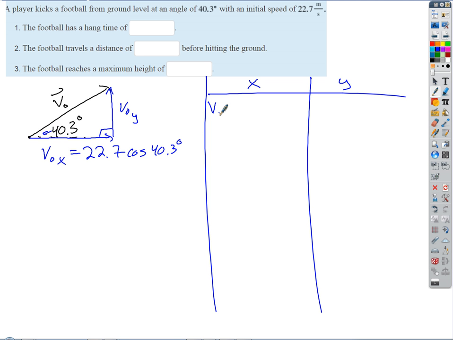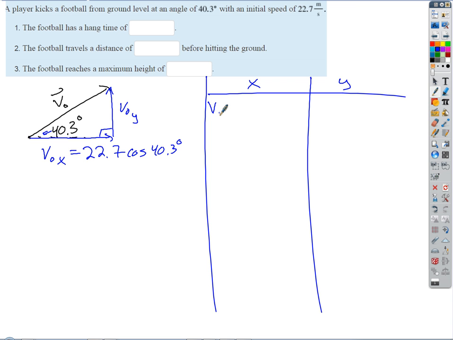So the horizontal component of velocity, what can you tell me about it? It's constant, yeah, it's constant, right? That's what's important here, because that's one of the things that makes this really easy: the acceleration is all vertical, it has no effect on the horizontal motion, right?